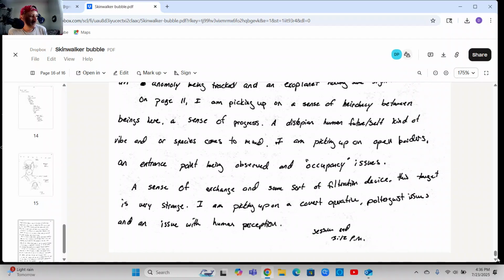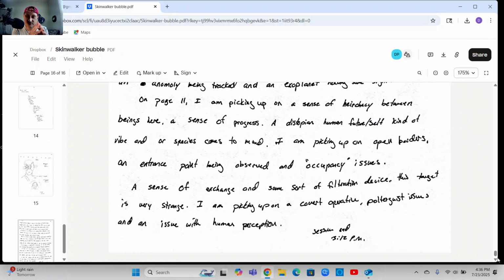So it just makes me wonder if there are these nexus points where there's several things happening here. Okay, and let's say that there are these non-terrestrial beings there. Okay, and there is this poltergeist activity.